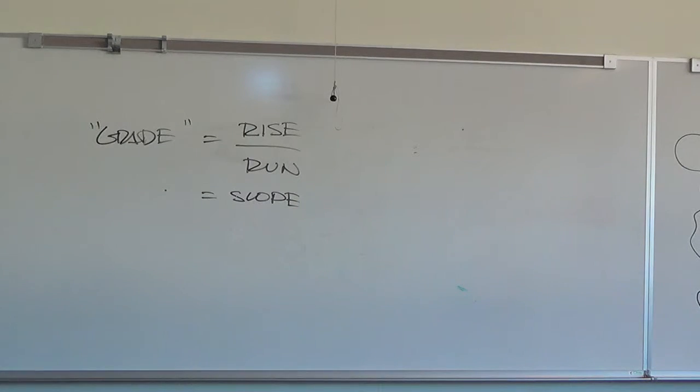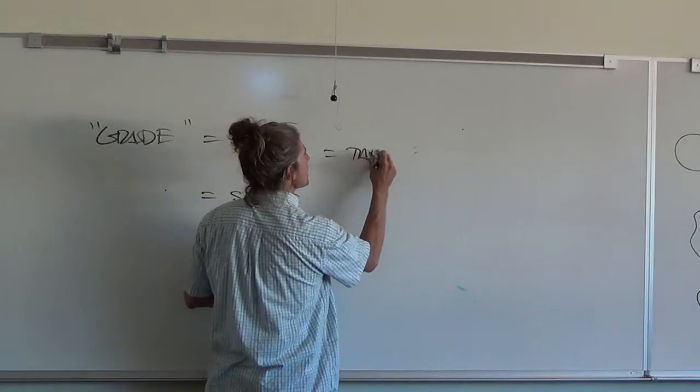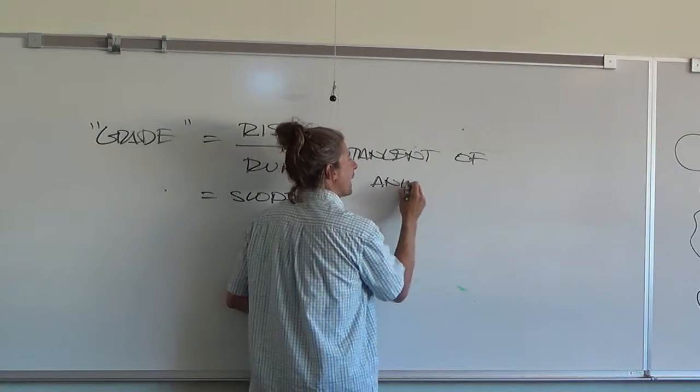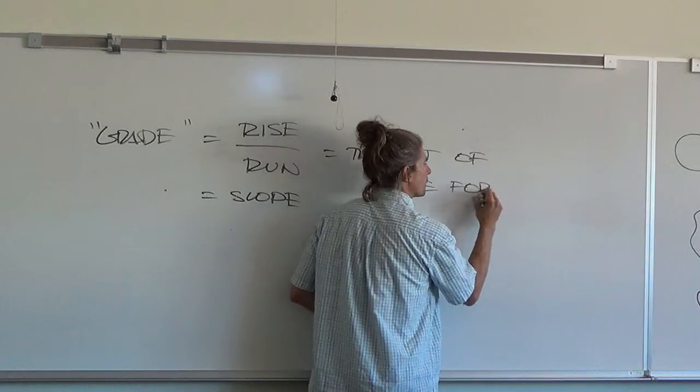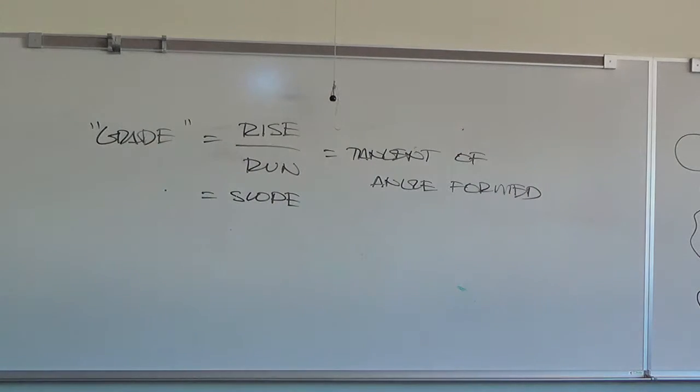But it's also this third thing: it is the tangent of the angle formed. Whatever angle is formed by the road that has that grade, its tangent is equal to that grade.